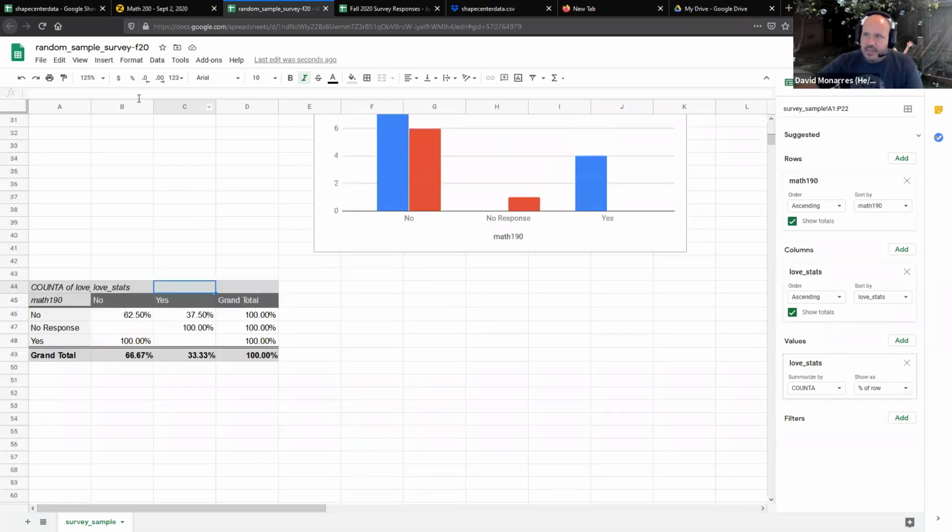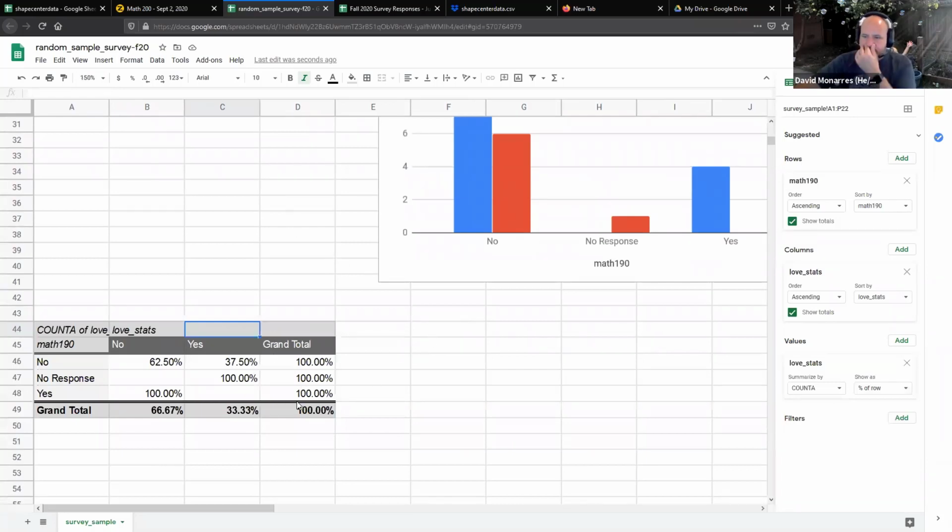Do you guys see how the 100% is down here at the end? Now, what I did when I took this percentage of the rows is I am finding the percentage of the students who either took Math 190, did not take Math 190, or gave no response.